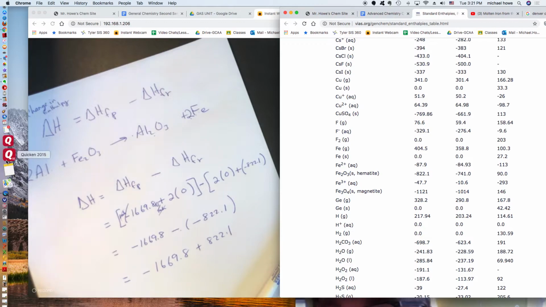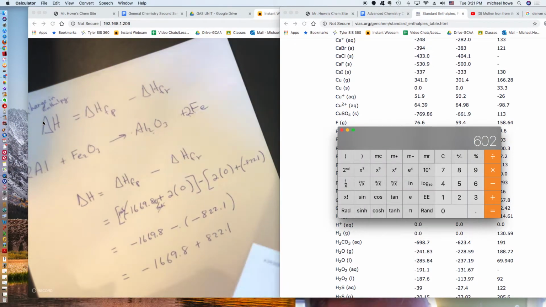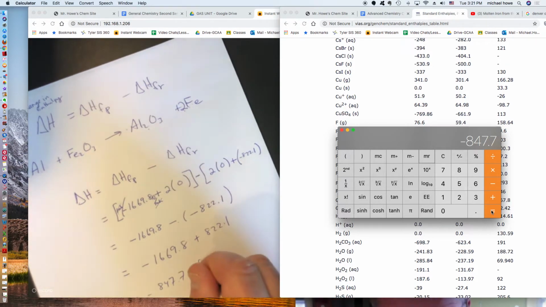Okay, so then you pull out your calculator, and we have negative 1669.8 plus 822.1 equals negative 847.7. And that's kilojoules of energy.